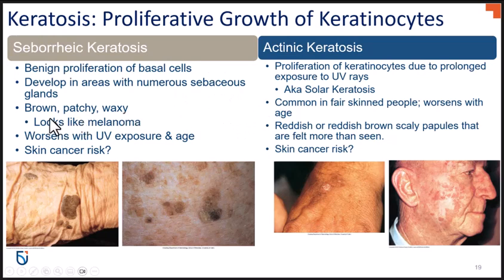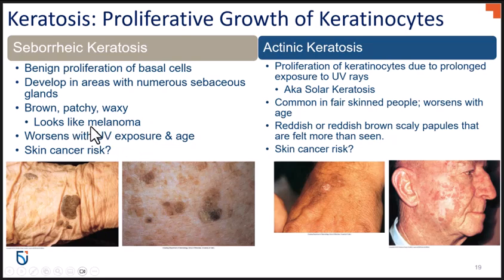They give the appearance of a smooth or even warty elevated lesion. They're oftentimes brown, and they can look a little bit waxy. Sometimes people describe them as almost like a sticker that they could just peel off in terms of its appearance. Now they can look like malignant melanoma, which we'll talk about coming up later, but it is not melanoma.